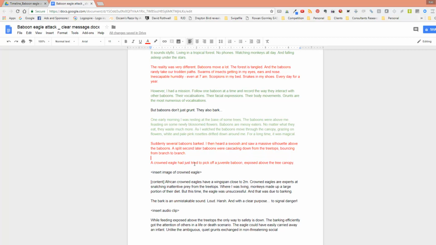I think that's okay, but I think we could say try to pick off isn't exactly a great verb. So maybe we could say a crowned eagle had just ambushed a juvenile baboon exposed above the tree canopy.